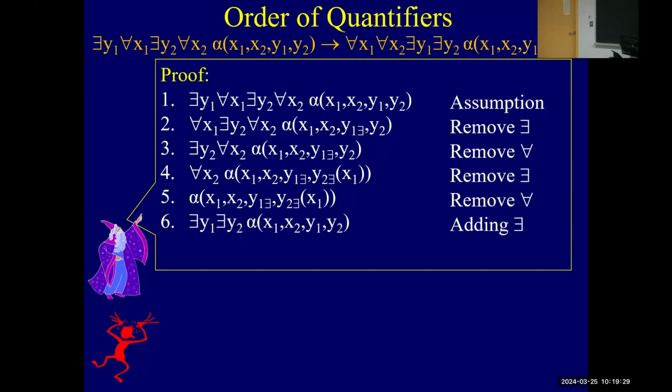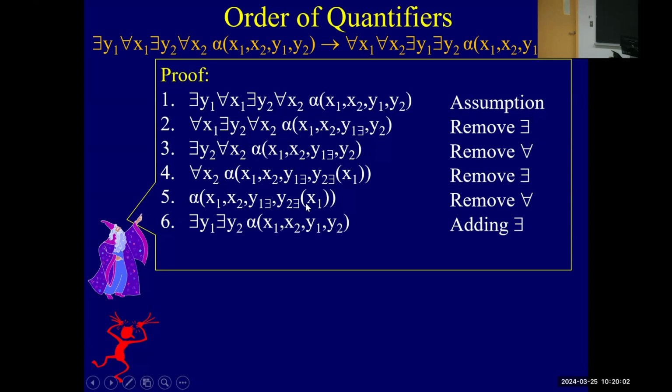And then what can we put back? Well, we can put the exists back because this is an object that exists. It could depend on the free variable, but there's not a for all out here already, right? If this was a term that depended on a variable that had a for all, then we couldn't add it.